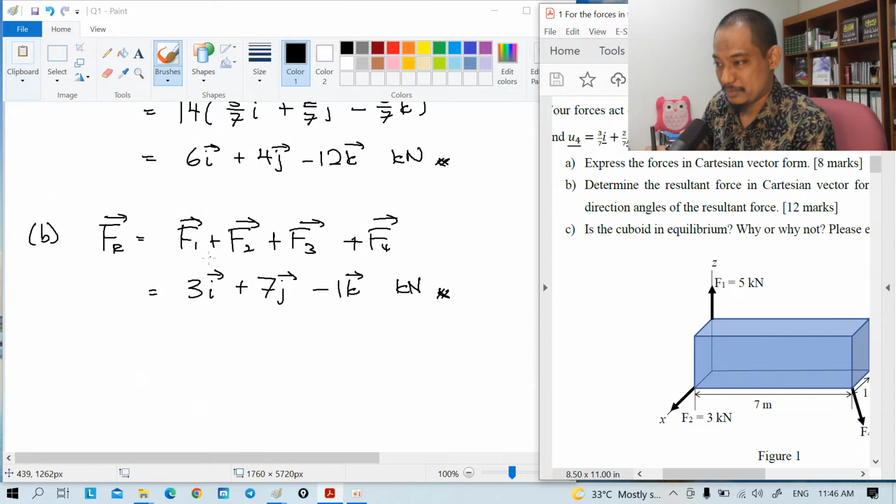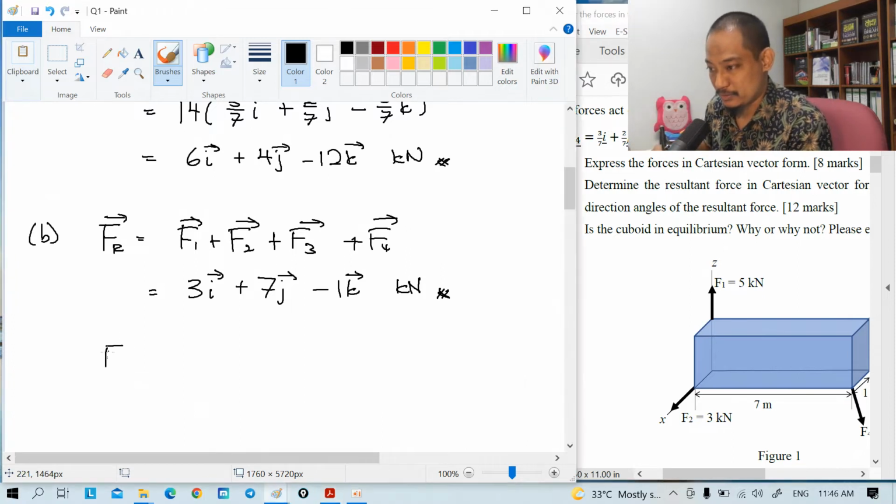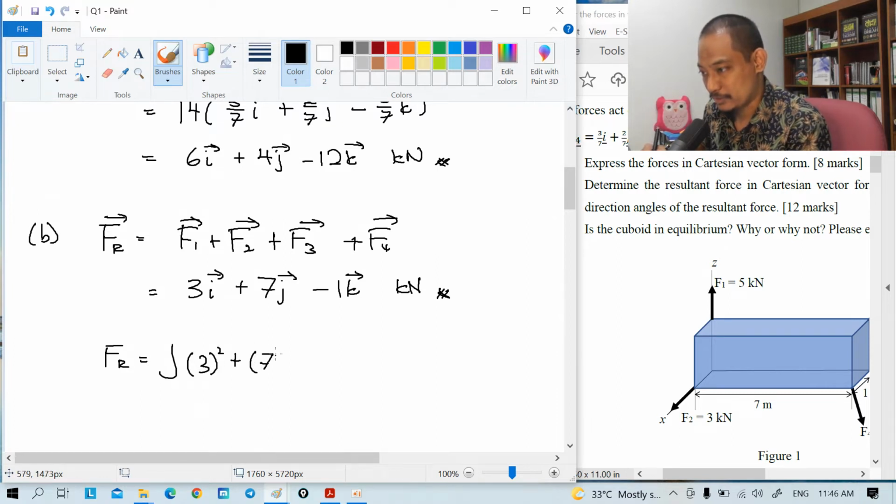So magnitude is simply just the square root, right? So FR is the square root of 3 square plus 7 square plus 1 square.